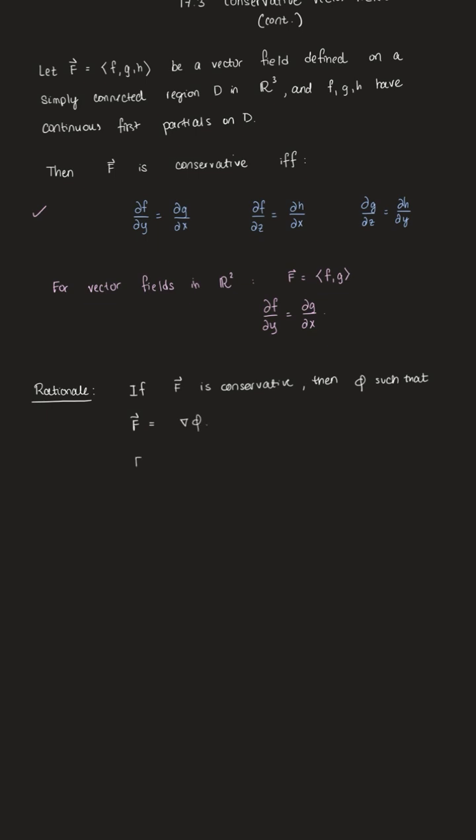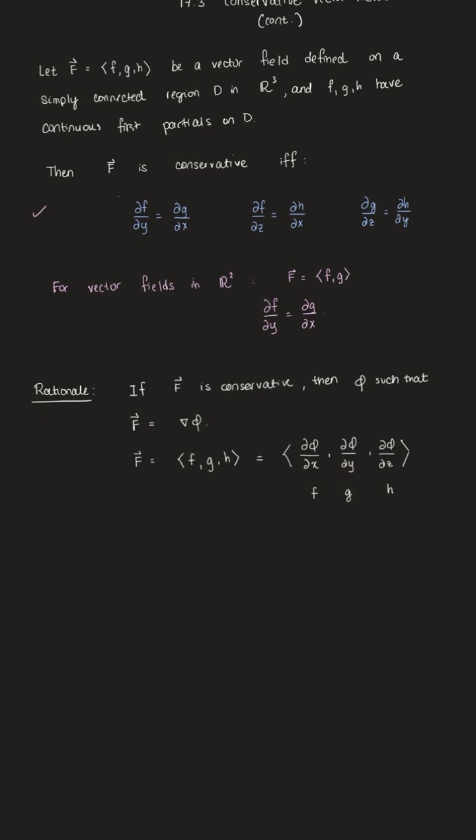If F has the components f, g, and h, that means each of these components is really a partial derivative of phi, since phi is the potential function whose gradient is F. So the partial of phi with respect to x is the first component, the partial of phi with respect to y is the second component, and the partial of phi with respect to z is the third component. Right, so this is like a little f, little g, little h.